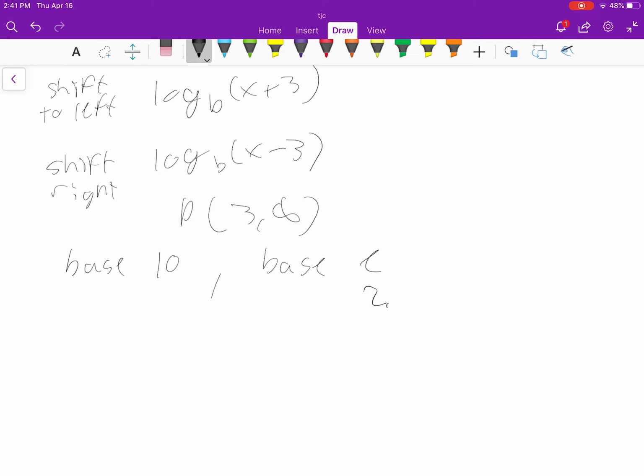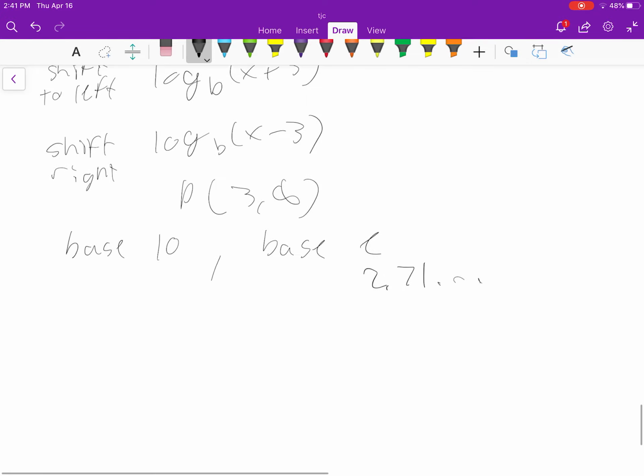We talked about it last time. It's like 2.71... Okay, and those will be our typical bases that we use. We will talk about how to switch between bases in chapter 4.3. But for now, we're just doing an introduction to logs.